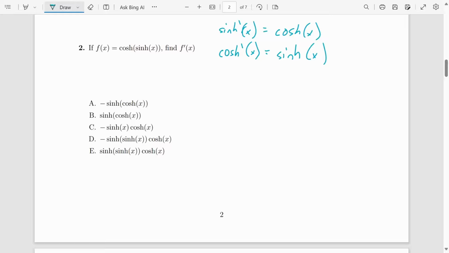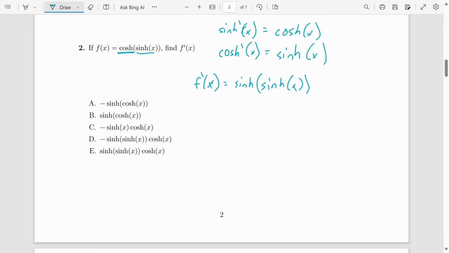So doing our derivative now, looks like the first thing we do is take the derivative of this outside cosh here. That would become sinh. So f prime of x equals sinh of the inside, which is sinh of x.